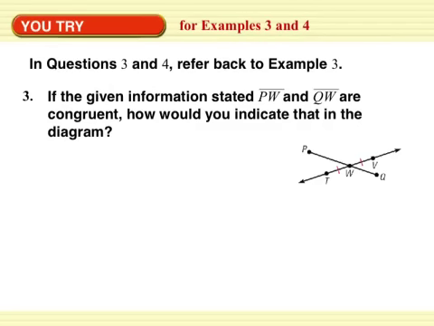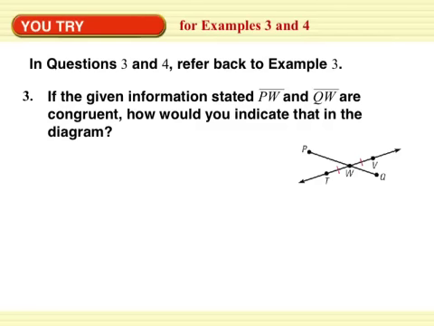Okay, you try. In questions 3 and 4, refer back to example 3. And I've drawn example 3 here. So, if the given information stated segment PW and segment QW are congruent, how would you indicate that in the diagram?